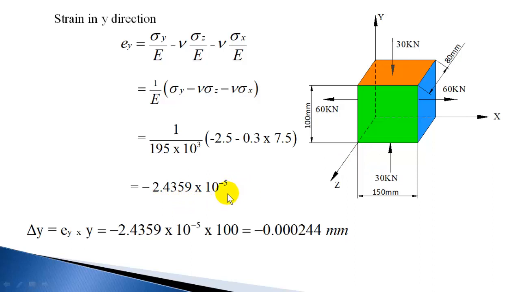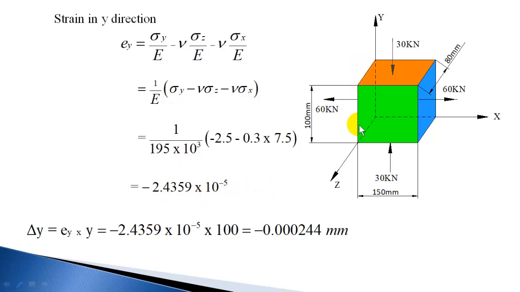Strain means so much is the change in length in unit length. If you take the unit of length as mm, the decrease in length in y direction is 2.4359 into 10 raised to minus 5 mm in every mm. So in 1 mm length in y direction, 2.4359 into 10 raised to minus 5 mm will be the decrease.